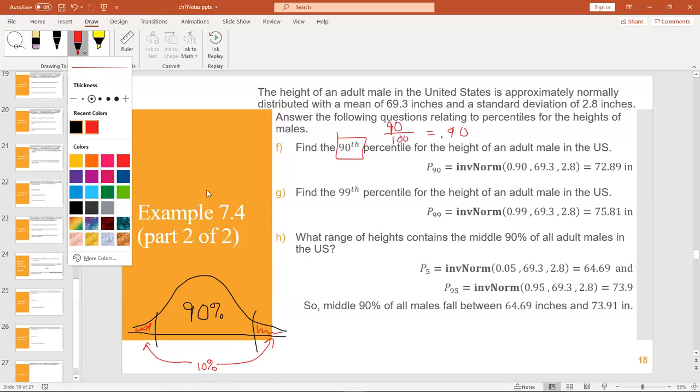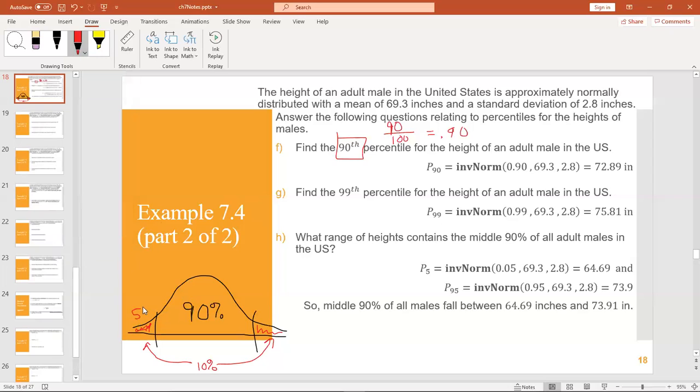Fun fact about the normal curve is that it's perfectly symmetric. So that means these have to be divided evenly by 2, which means that 5% is on the top half, 5% is on the bottom half. So from 0 up to there, that is the 5% mark, because the bottom is 0.